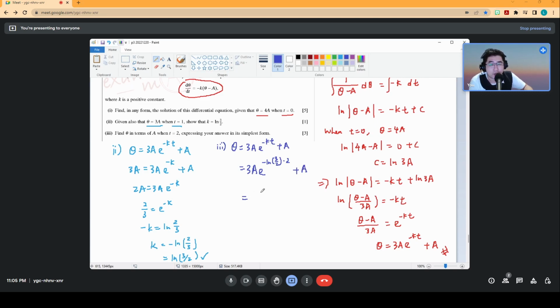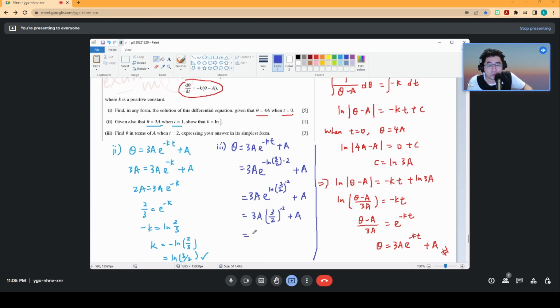Please understand that this question is totally testing students on their logarithm skill. Students need to know how to do this. So this is 3a times e of ln 3 over 2, to the power of negative 2, plus a.